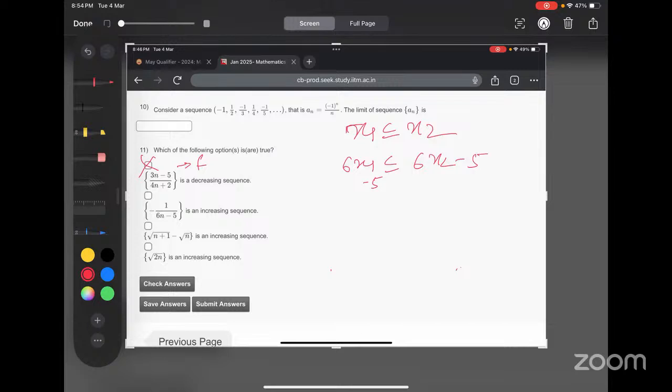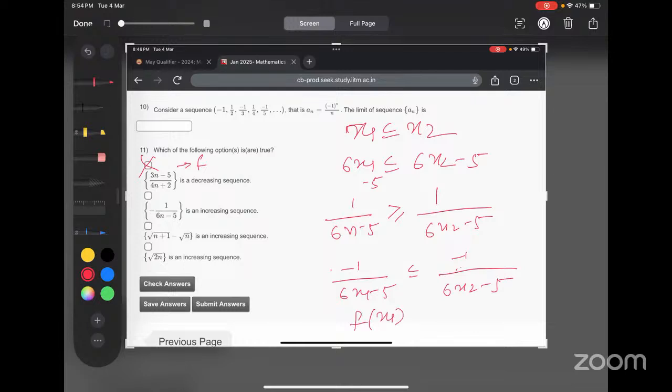Then you bring it, then again the minus sign is there, so it will become minus 6x1 is greater than minus 6x2 minus 5 with the minus sign. Then you take the inverse, so 1 by minus 6x1 minus 5 is less than or equal to 1 by minus 6x2 minus 5. So f of x1 is less, x1 is lesser than x2, and this is increasing, madam.